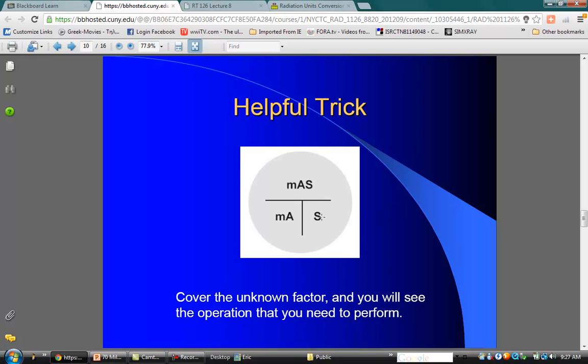If I were to cover up the time, because that's the one that I'm looking for, so you only cover up the variable that you are interested in solving, this would be mAs divided by mA. And similar to that, if we covered up mA, this would be mAs divided by time. So you cover up the unknown factor, and then perform the operation.